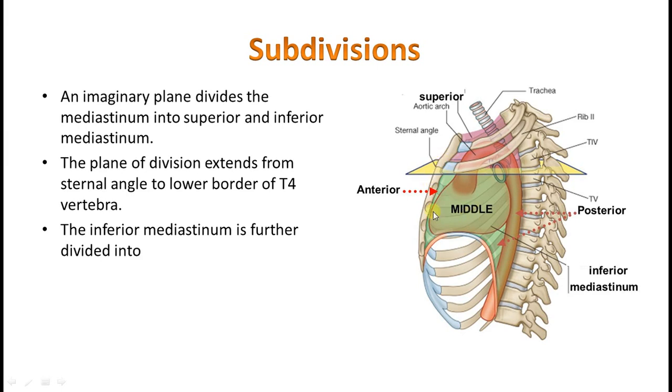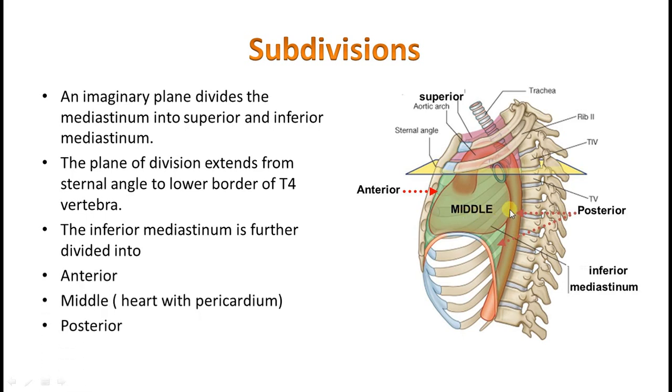Now, the inferior mediastinum can again be subdivided into anterior, middle and posterior mediastinum. Your heart with the fibrous pericardium forms the middle mediastinum and occupies the majority of the space.